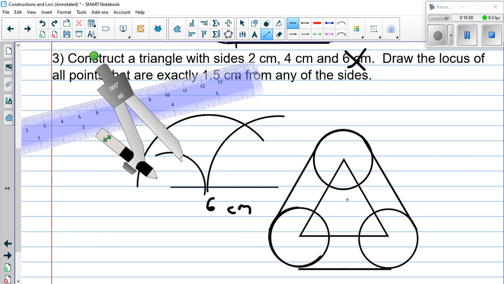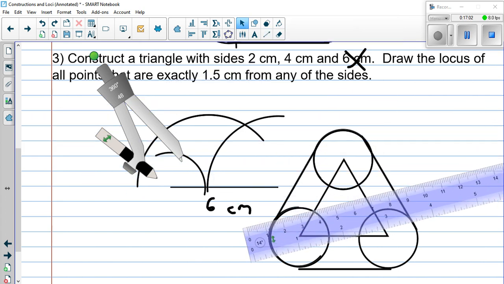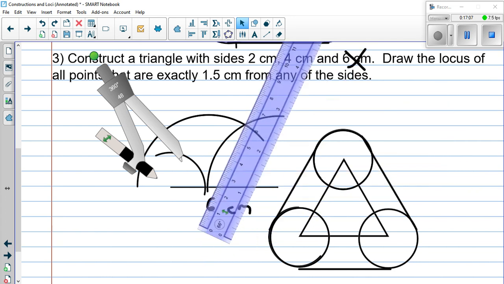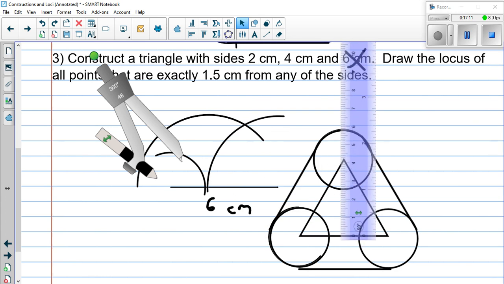So for the inside, we do end up having to use our ruler a little bit because you kind of want to find some places that are 1.5 centimeters away. So that would be there for that one.